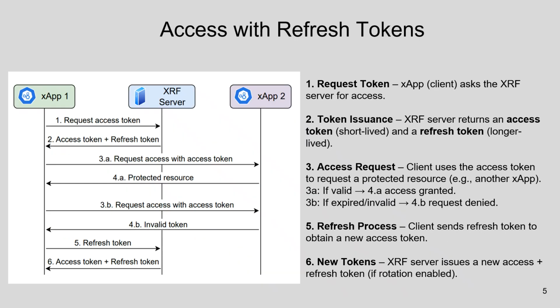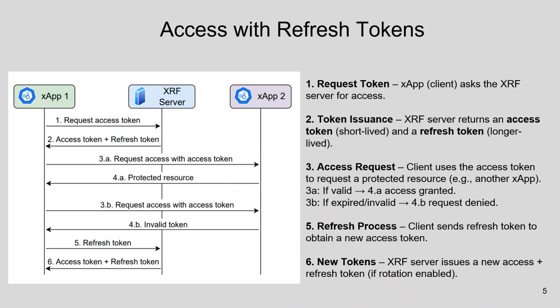In this work, we have used JSON Web Tokens, or JWTs, to provide access and communication between xApps. Here, the XRF server, which acts as an authentication server, gives these tokens to different xApps who need to communicate with each other.